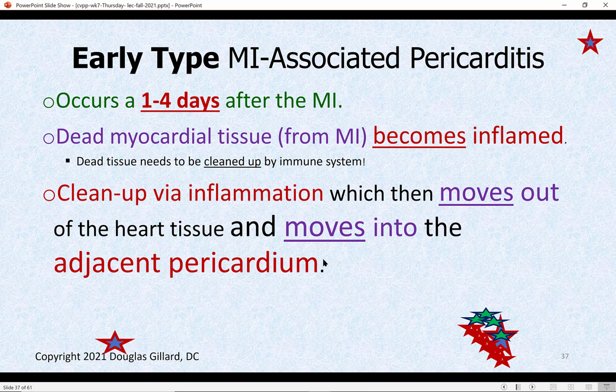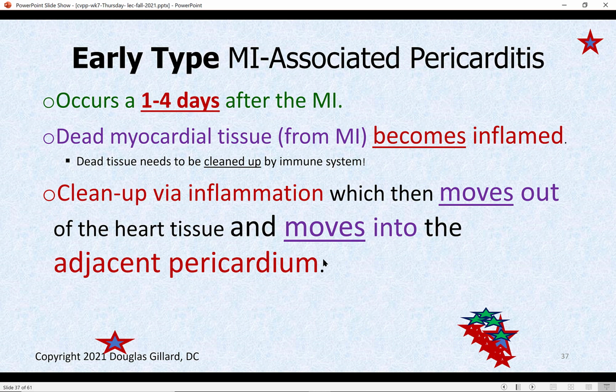And when a myocardial infarction occurs, the myocardium is dead. You have killed part of your heart. And of course, the heart is very close to the visceral pericardium, right? So that dead tissue needs to be cleaned up by the body's immune system. The body's immune system will come in, and an inflammation will start to clean up the dead tissue.